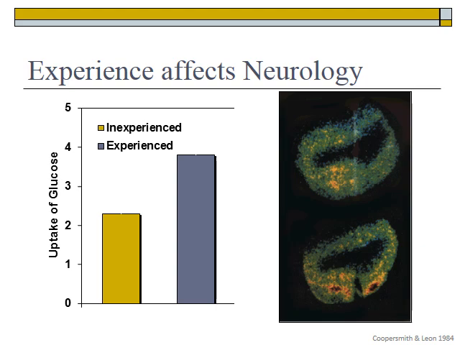And what you see here is the uptake of glucose in the body. When you see a lot of glucose going around the body, that's a sign that the body is stimulated. So the animals that had peppermint experience, when they smelled peppermint, got excited and had more glucose going around in their body than the inexperienced animals.